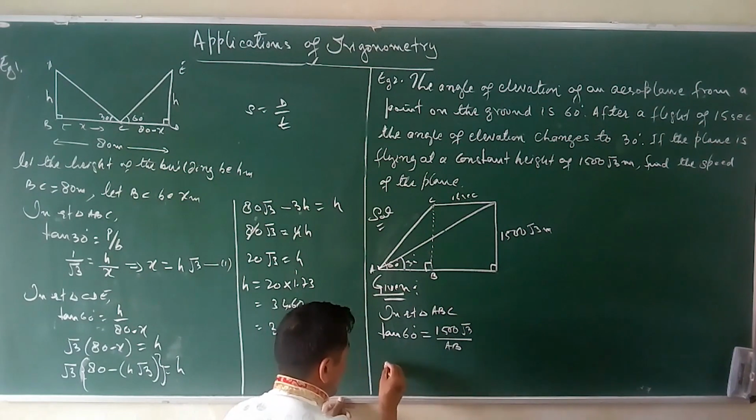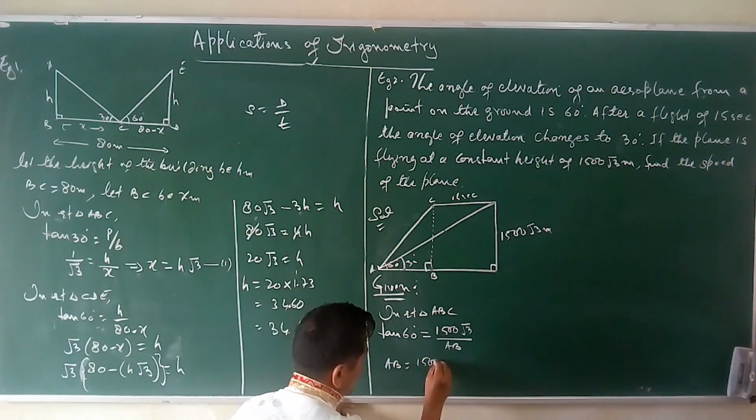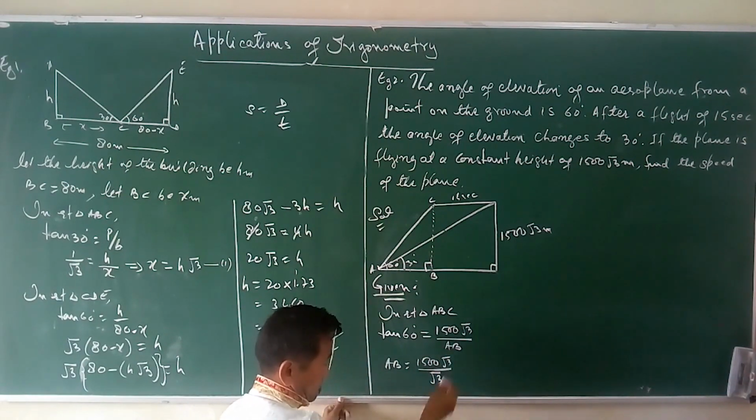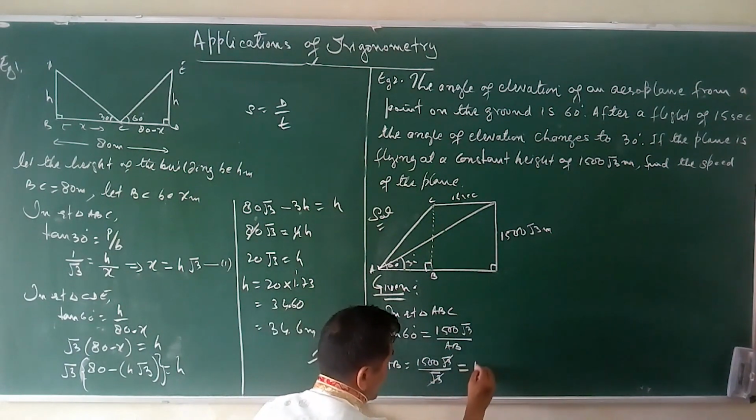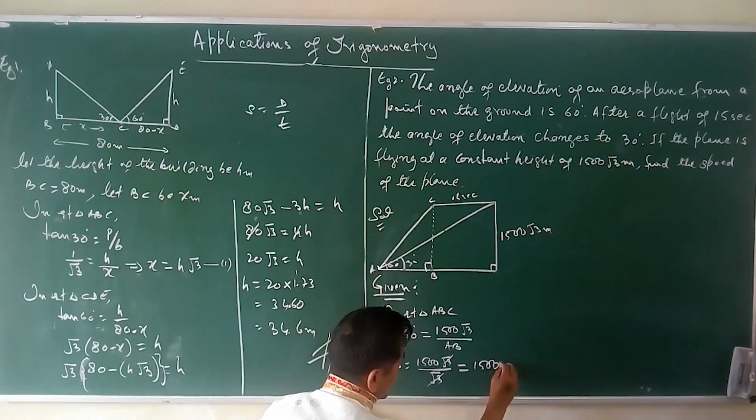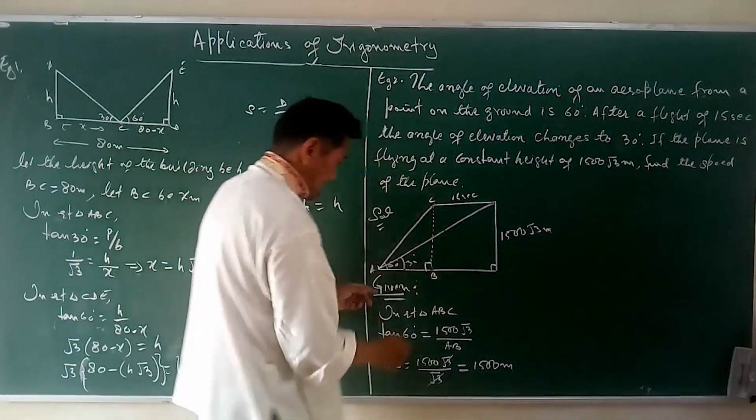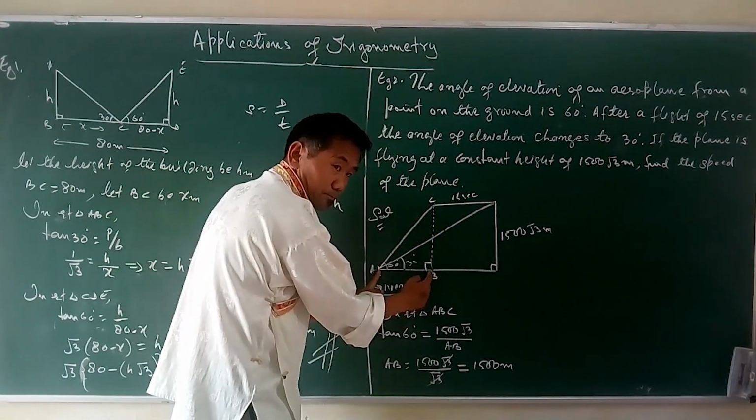So root 3 times AB equals 1,500 root 3, and AB equals 1,500 root 3 divided by root 3, so AB is 1,500 meters.